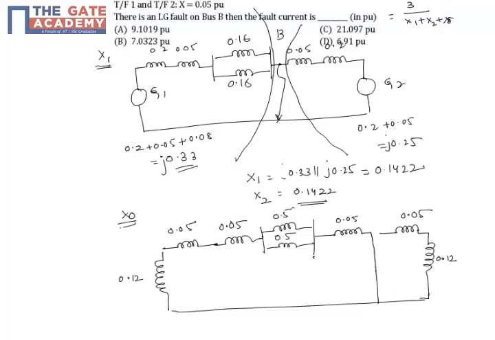Now the fault appears here, at bus B, so that means this is also grounded. Now you can see the parallel of this and this, but this will not come into the picture because it is an open circuit. The parallel combination of 0.05 and this reactance. How much is this reactance? This reactance is 0.05 into 2 plus 0.25, so this is equal to 0.35.